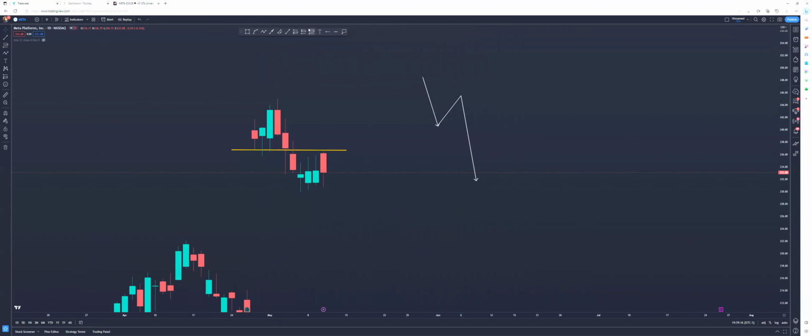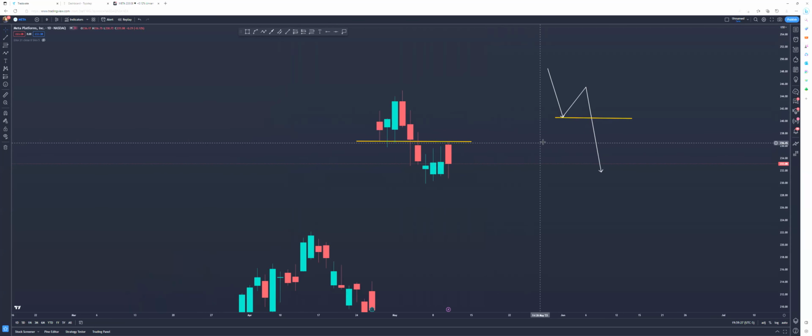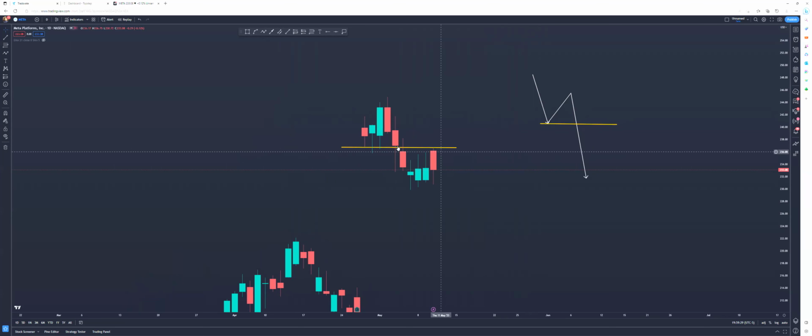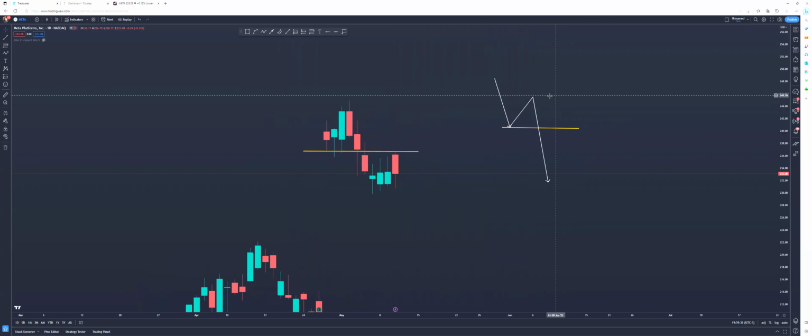But overall, we're looking for price to break a structure. So here we go. We had this low, and then we had price break, right? Everybody see that? So this becomes our what? Don't get confused, y'all. Stay with me.